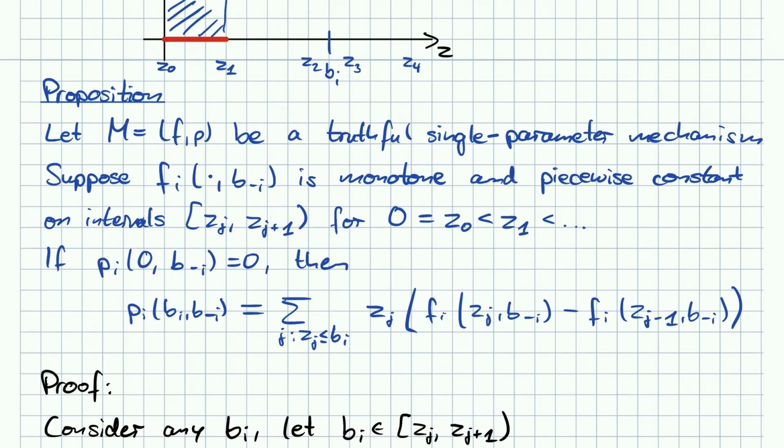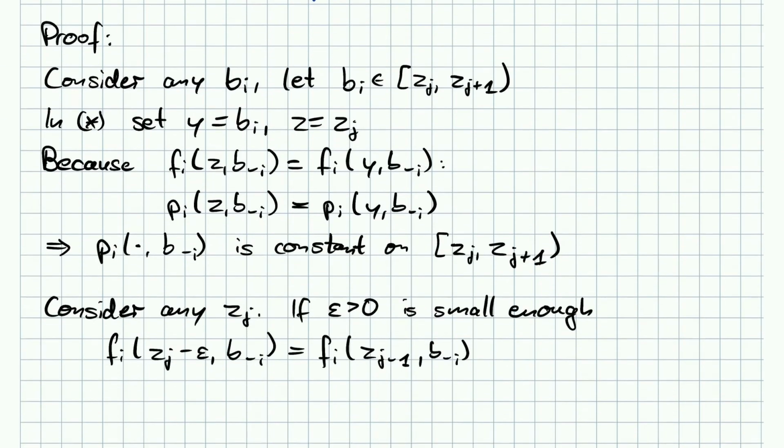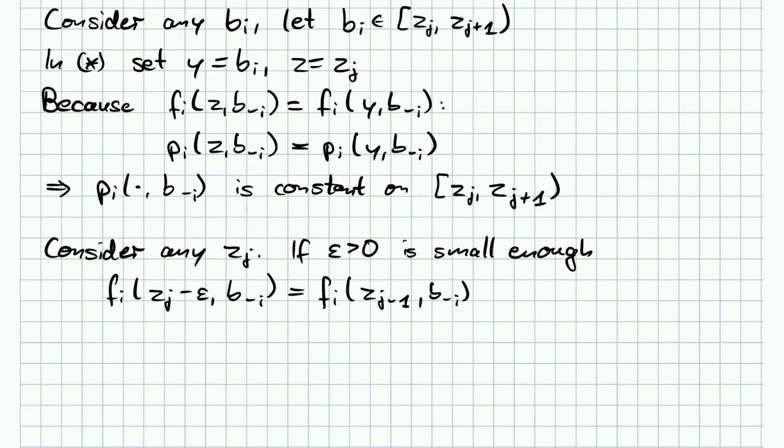Let's go back to our picture. We are now considering any of these breakpoints, and this function is so that we'll fall down for any small epsilon. We'll always fall down to the next smaller interval. This is now stated here in just a fancy way.